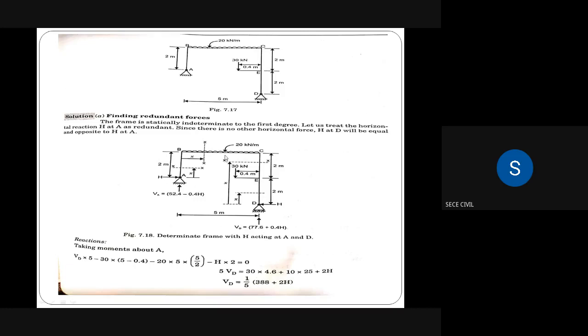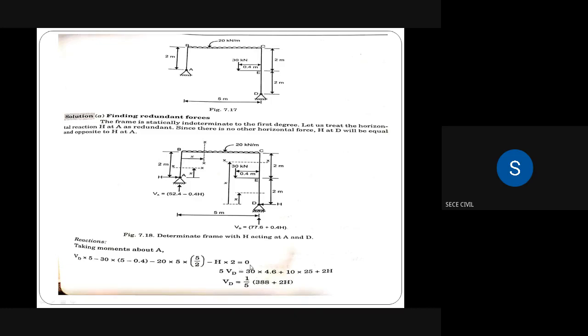Next they take the UDL, which also gives a clockwise moment, so minus 20 into 5 into 5 by 2. Then one more force, the horizontal force H at D, gives a clockwise moment, so minus H into the vertical distance 2, that is minus H into 2, equal to 0.